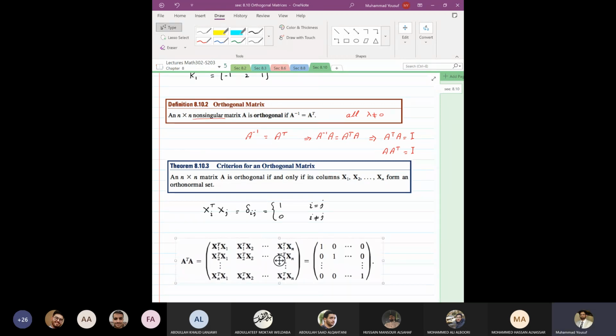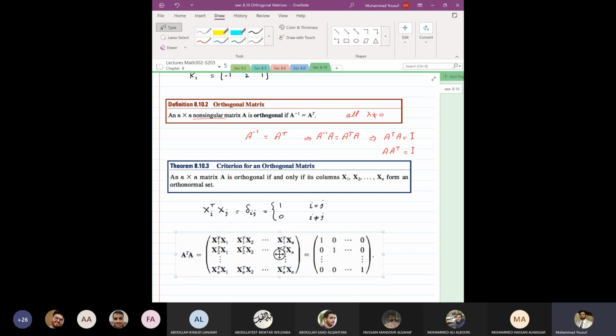So here you see they are taking the A transpose A matrix as x1 transpose x1, x1 transpose x2, x1 transpose xn, and whenever they are the same, that is, when they are on the diagonal, it is 1, 1, 1, otherwise it is 0, 0, 0.